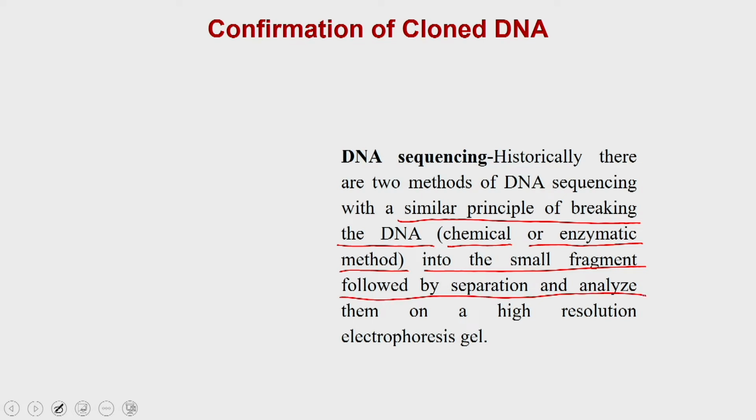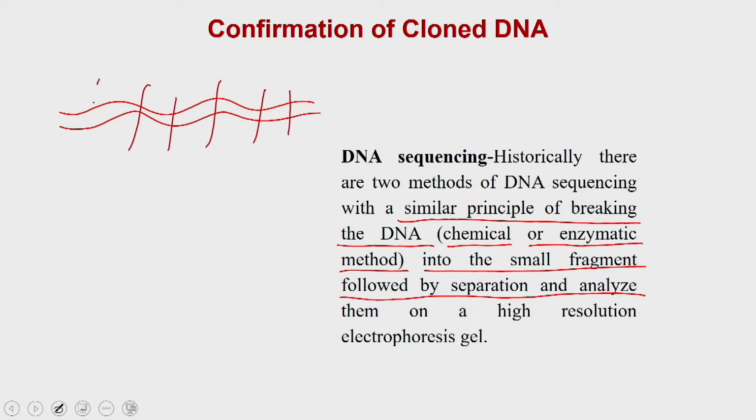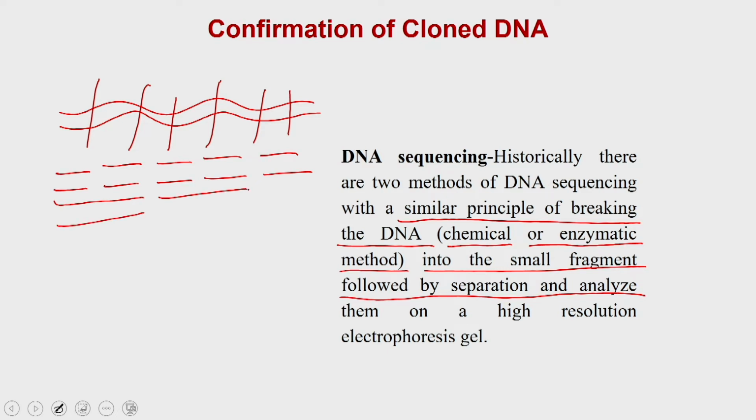So, suppose this is your full gene length, what you are doing is cutting this DNA into smaller fragments and once you do that you are going to get these small fragments from this particular DNA, but apart from this you are also going to get these fragments as well, which means fragments which overlap this region or this region or this region.